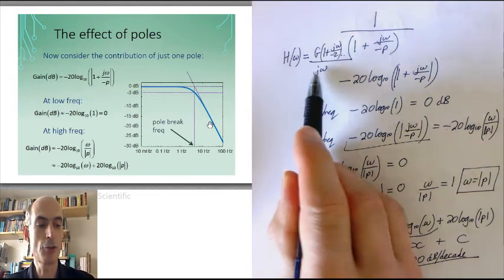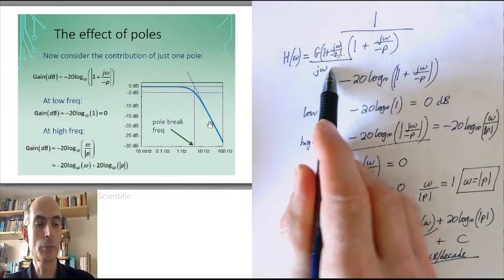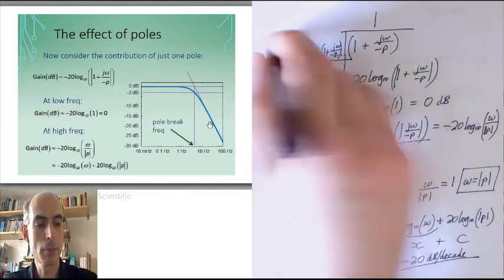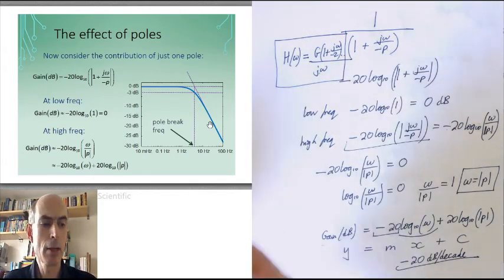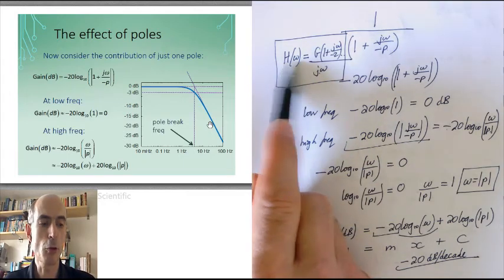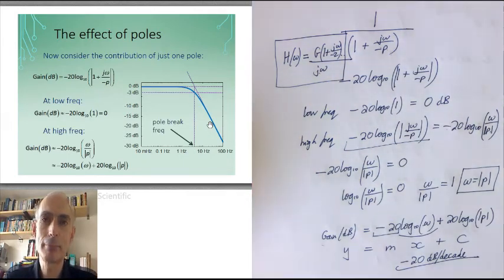There'd be a term in j omega that I could extract from all of the terms in the denominator polynomial. But that would imply that at very low frequencies, at DC for example, where omega equals 0, the frequency response would be infinite. And if you have an infinite gain at DC, then it would imply that as soon as you turn the circuit on, the output would head off to infinity. It's not an interesting case, and we're not going to come across any examples of this in this module.